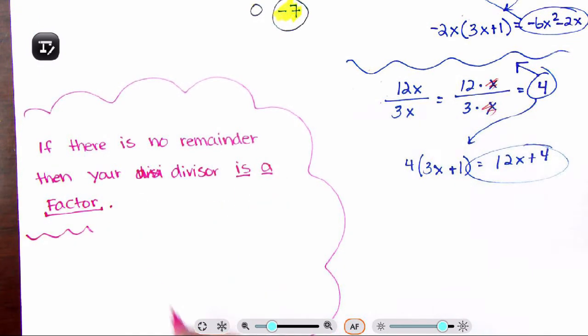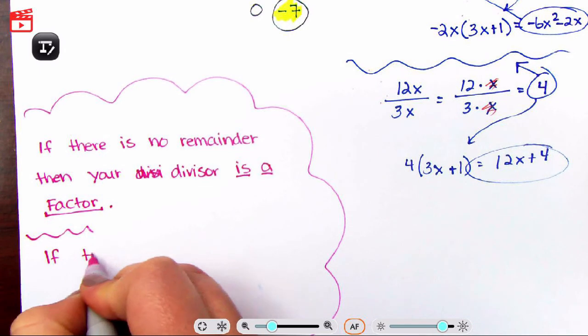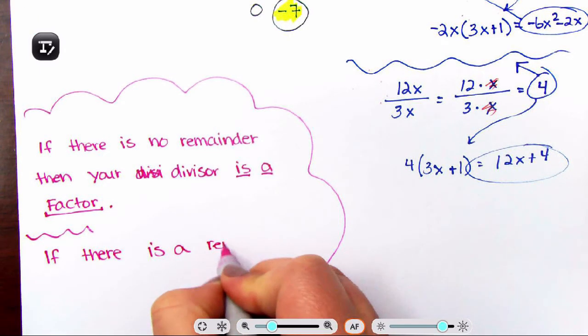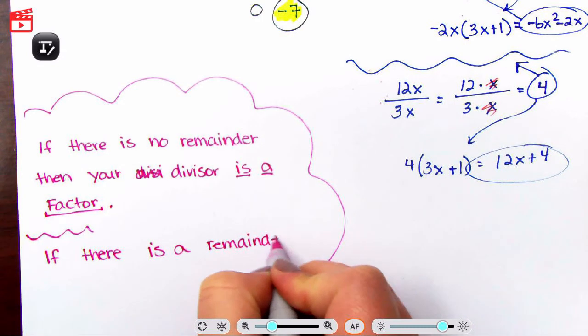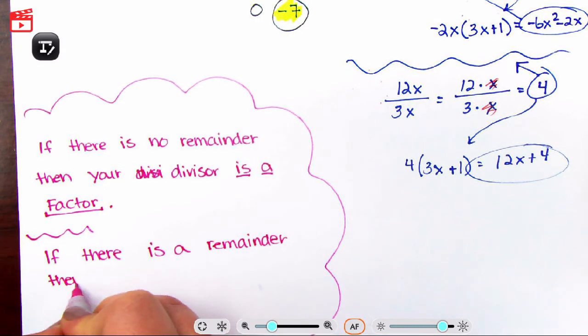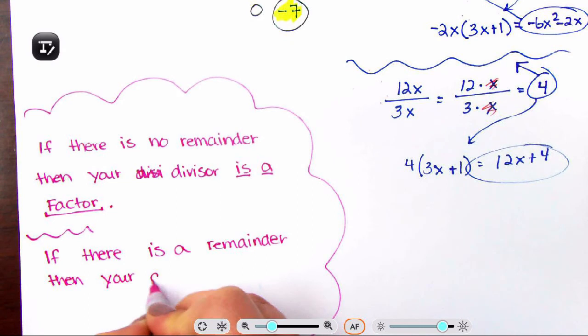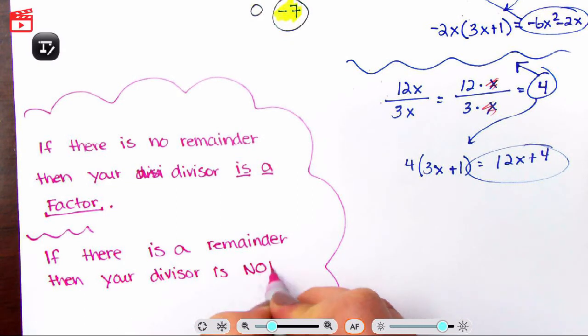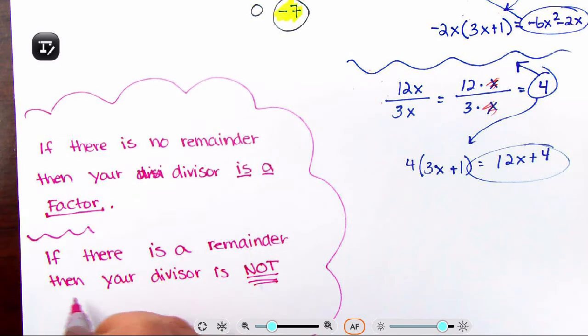And the opposite is also true. If there is a remainder, then your divisor is not a factor.